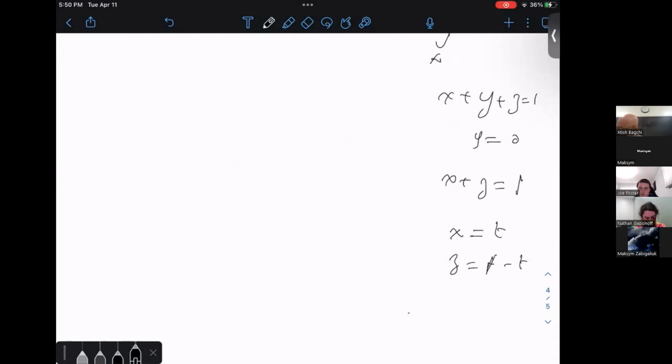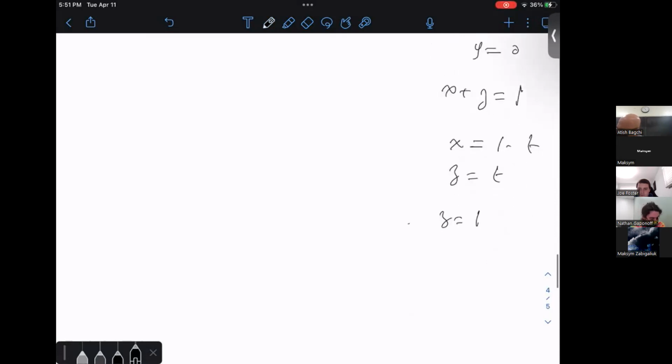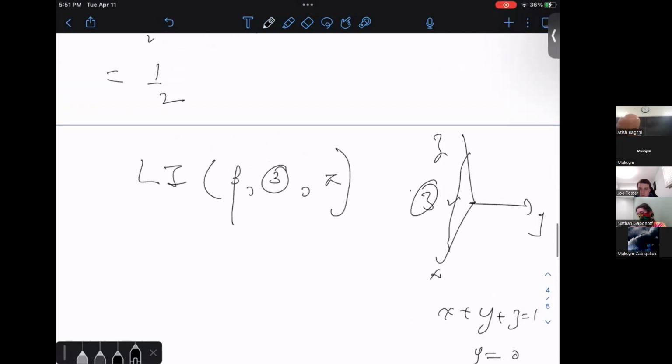Or we can take z is equal to t, x is equal to 1 minus t. That is good enough. It doesn't matter. At z is equal to 1, t is equal to 1. If z is equal to 0, t is equal to 0. So this point is 0, 0, 1, and this point is 1, 0, 0.